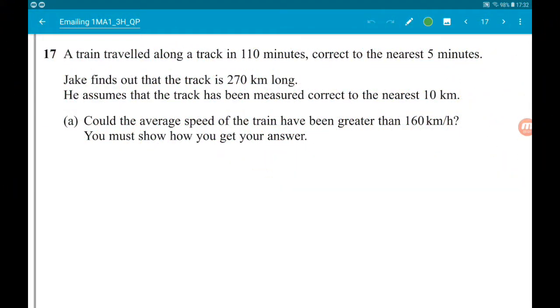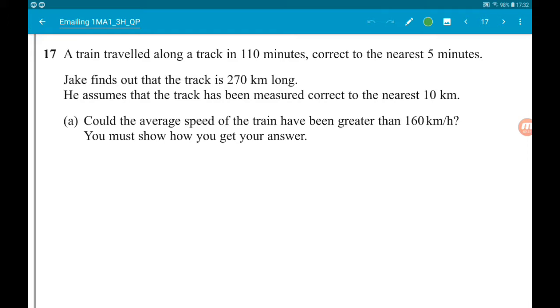Okay, number 17, we have bounds. So a train travelled along a track in 110 minutes, correct to the nearest 5 minutes. So, straight away, let's write down the error interval for the time.